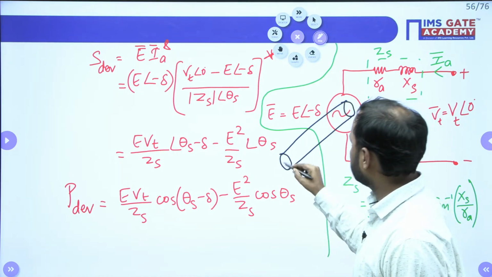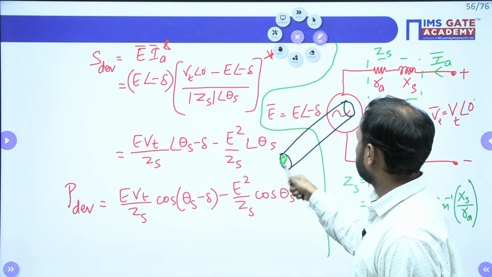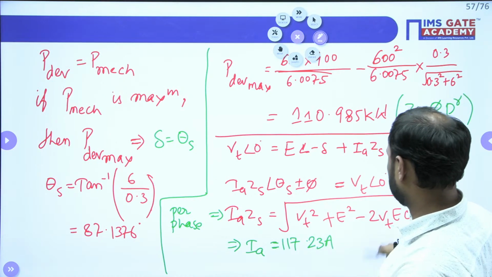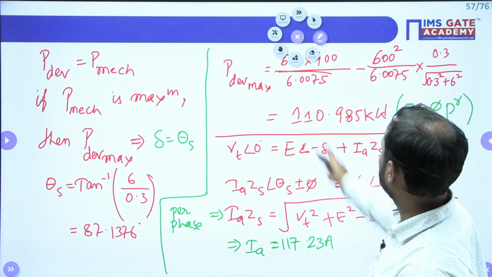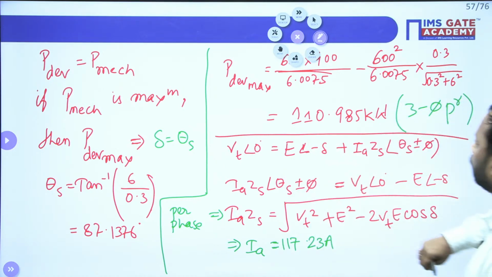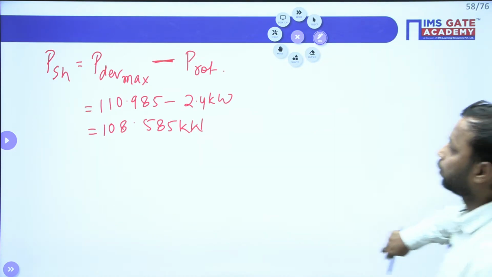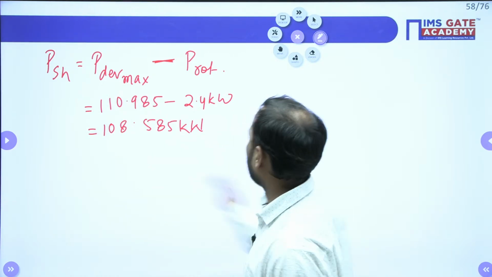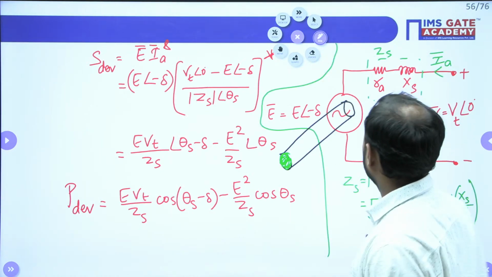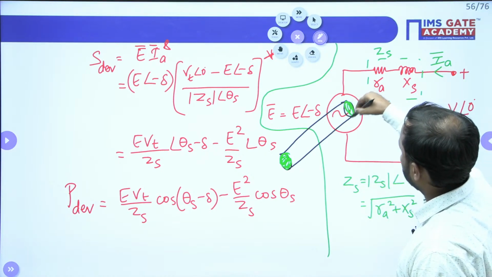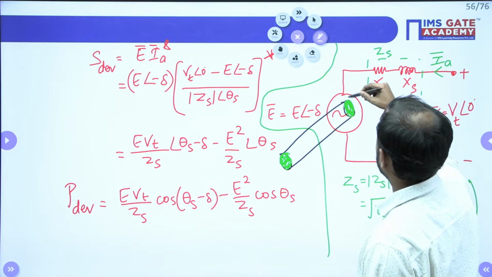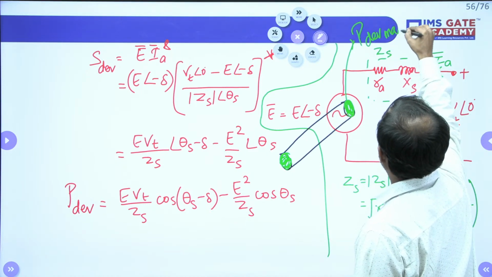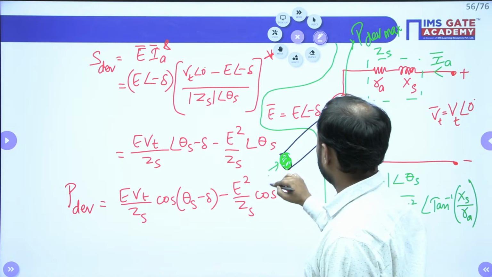Okay, and exactly at this point we are getting this power. P develop max is what? We are getting it here. So this is P develop max, and here this is P shaft.